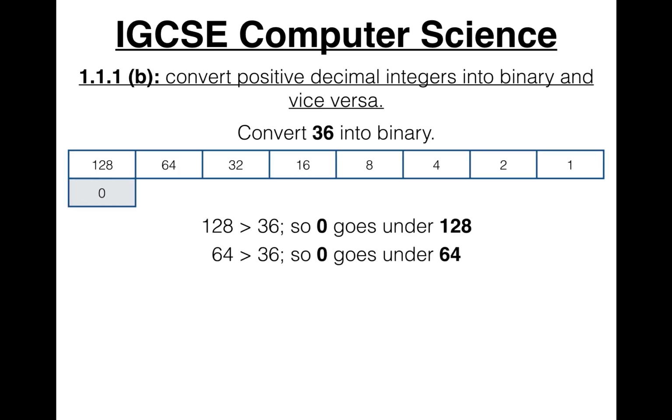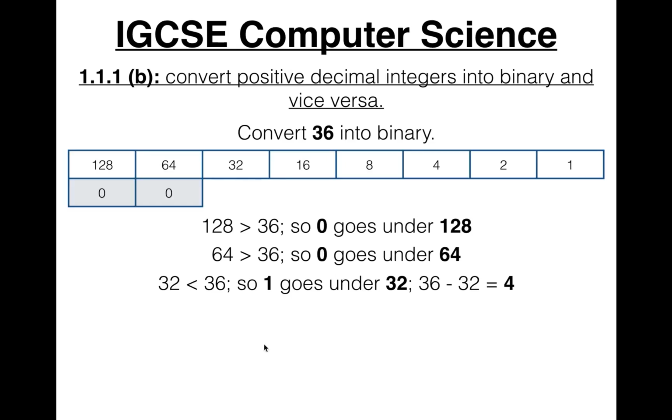Same with 64, so 0 would go under 64. 32 is less than 36, so 1 would go under 32. And 36 minus 32 gives us 4. So now our number is 4. Technically, 36 has been used up by the 32, and then we have a remainder of 4.